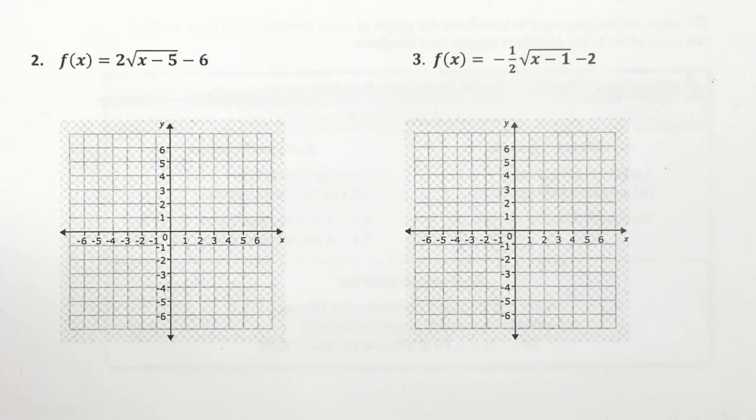Negative 5 minus 5. Oh, are your Y's right? Positive? It's gonna go up.